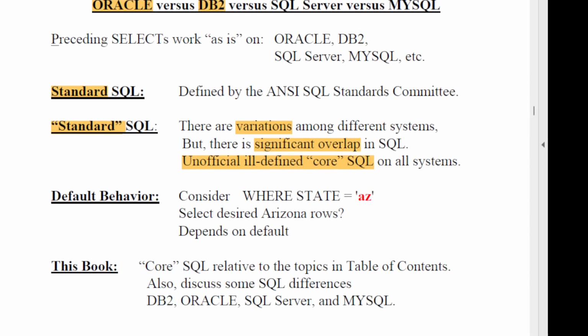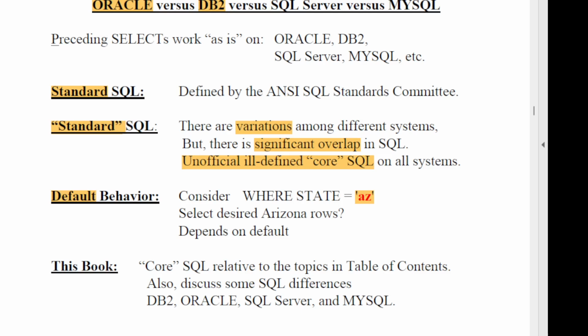In addition to different systems, the same system might have different behavior because of the defaults. For example, let's consider coding a where clause that says where the state column in the preserved table is equal to AZ, and we code a lowercase az, even though we know, based on our previous observations, that the values stored in the state column are all uppercase.